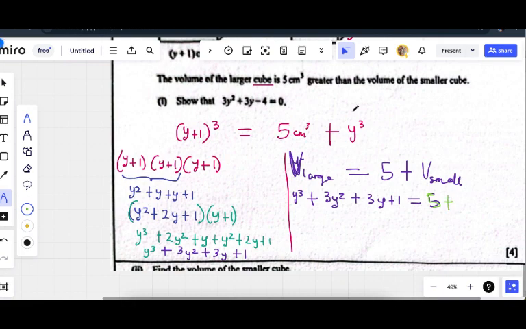The volume of the small one is only y to the power of 3. So I will say plus the volume of the small one, which is y to the power of 3.